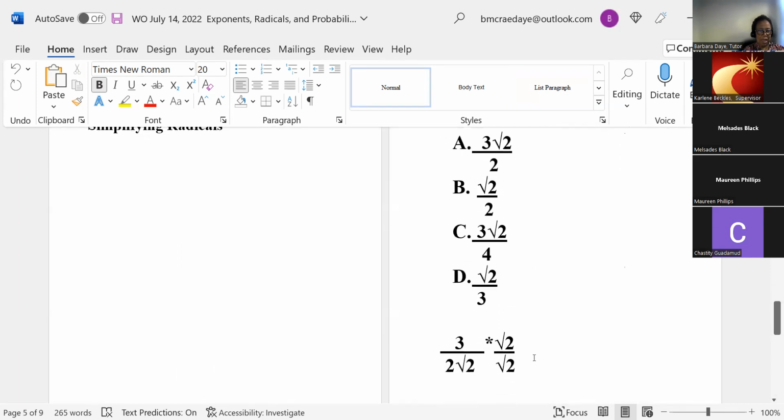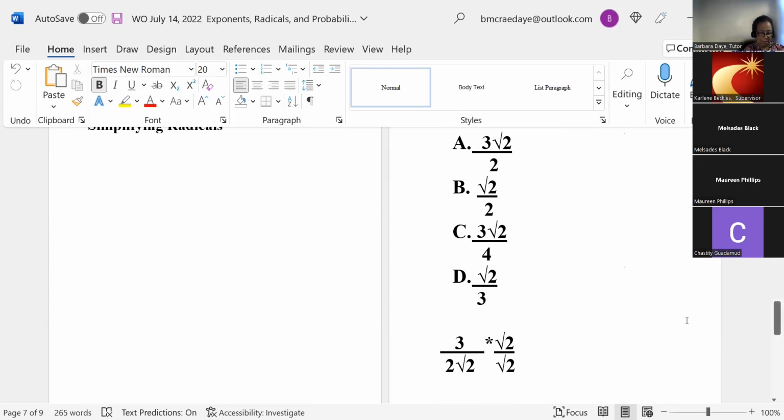Multiply numerator and denominator by square root of 2. That's the radical there in the denominator, right? Mercedes, you following? You're on mute. I'm looking at it: multiply both numerator and denominator by that radical in the denominator, that's square root of 2. You're saying right there I should set it out like that, radical 2 over radical 2.